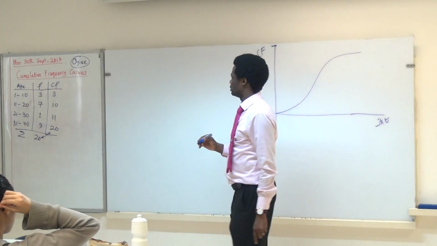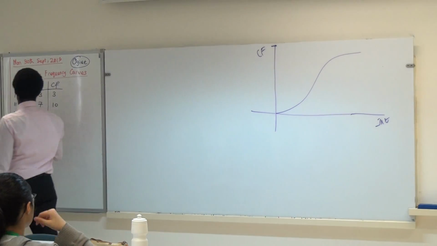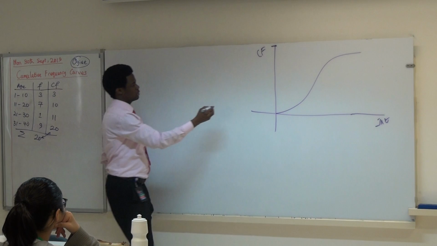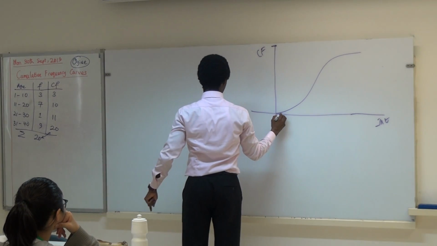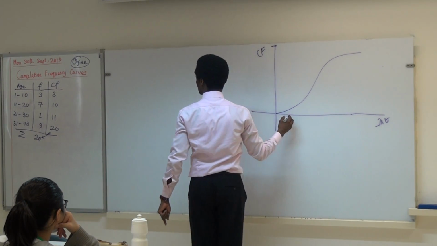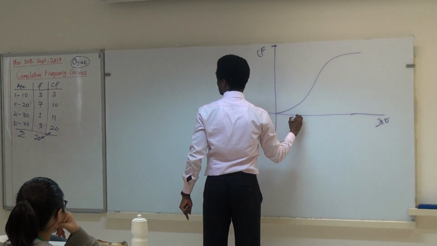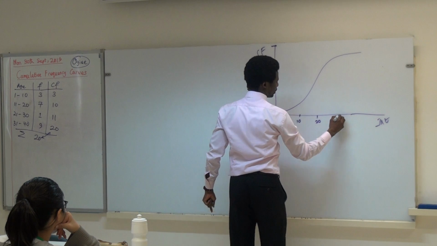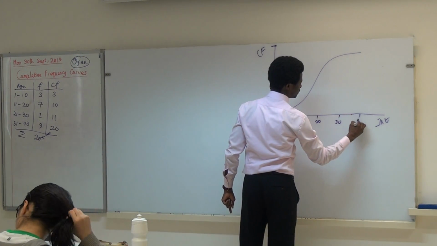So for here, you start from 0. I'm just giving a sketch, all right? So let's say this is 10, 20, 30, and 40, so like this.